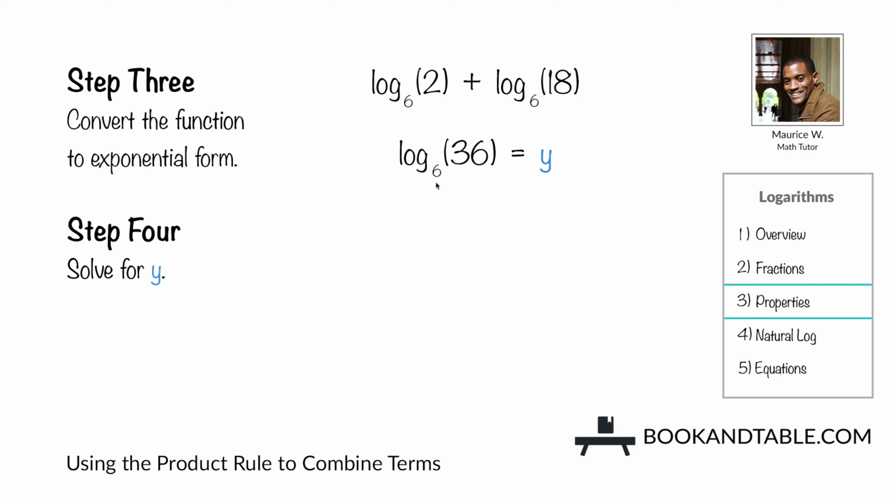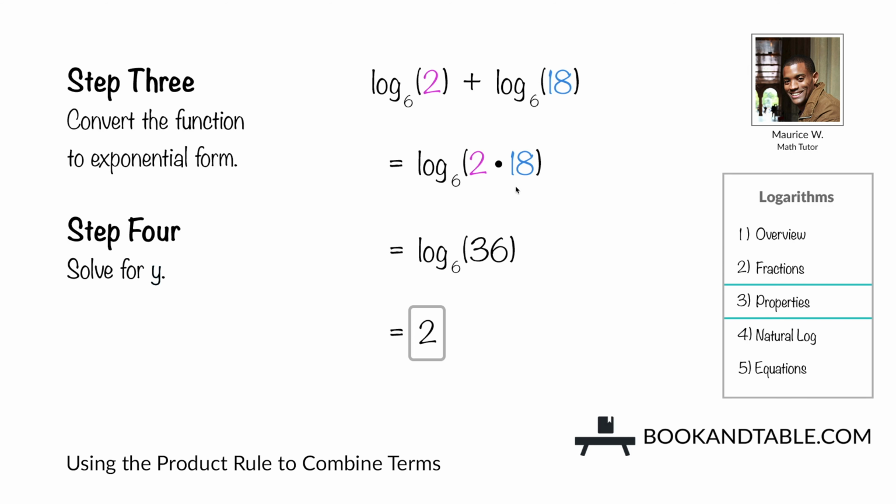So when we change this to exponential form, we would have our base 6 raised to a power of y, and we want to set that equal to 36. And now we solve for y by multiplying this base 6 times itself until we get 36. And 6 squared would be equal to 36, letting us know y is equal to 2.